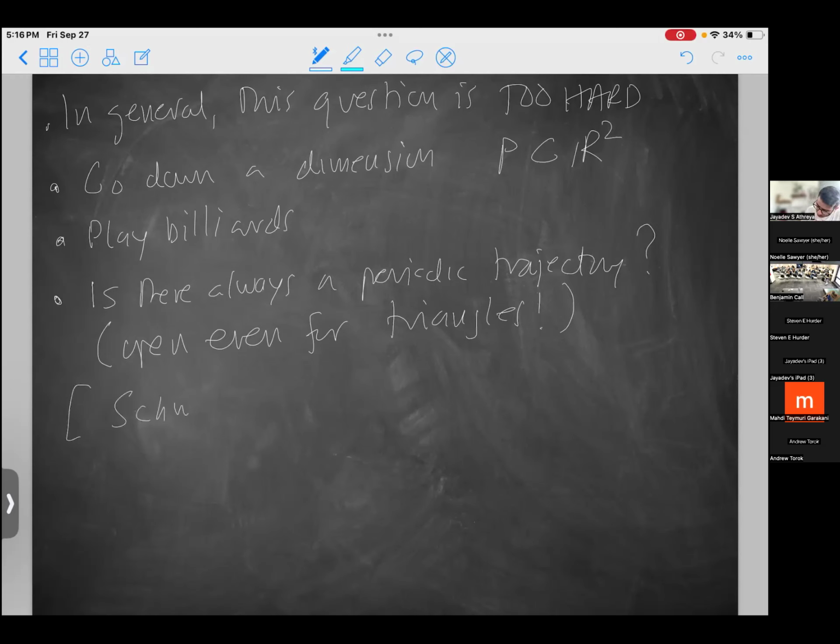Rich Schwartz proved that for every triangle of angle less than or equal to 100 degrees, you can do it. And this has been extended recently, and I'm going to blank on the names. So I think now we're at 112 degrees plus. If you get bored during this talk, try and prove it for acute triangles, for angles less than or equal to 90 degrees, that you always do have a periodic billiard trajectory. But in complete generality, this is wide open.